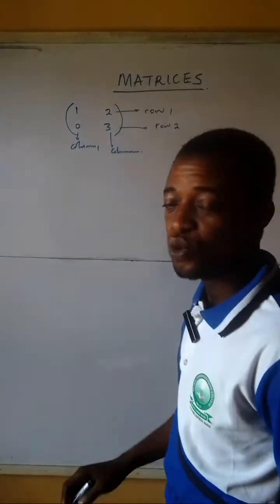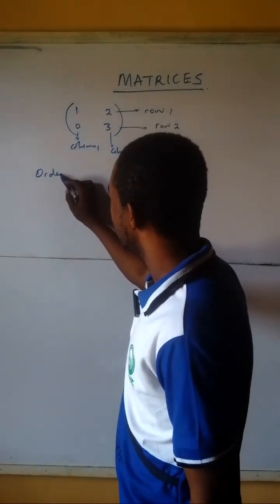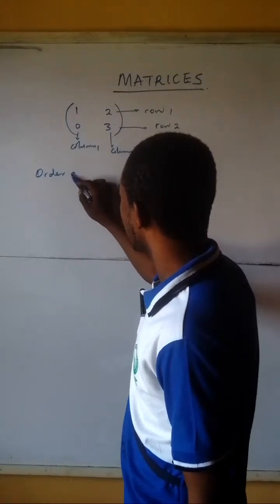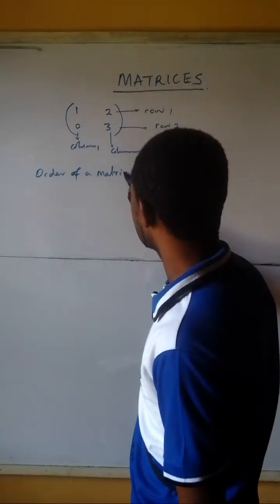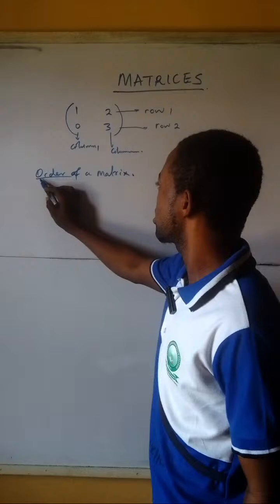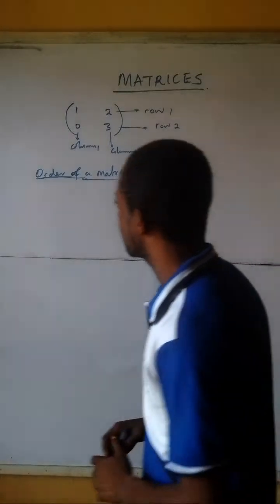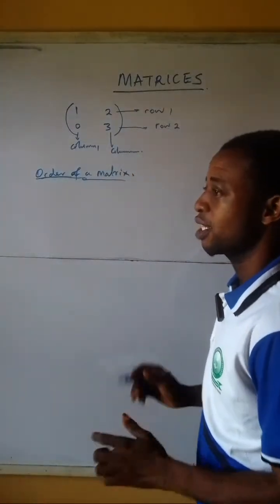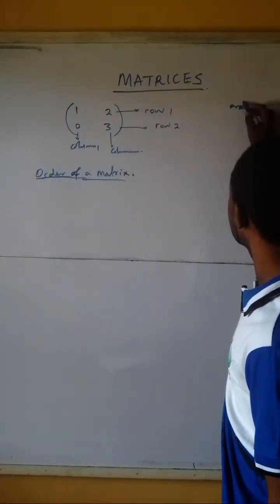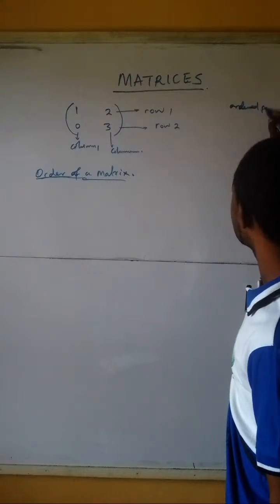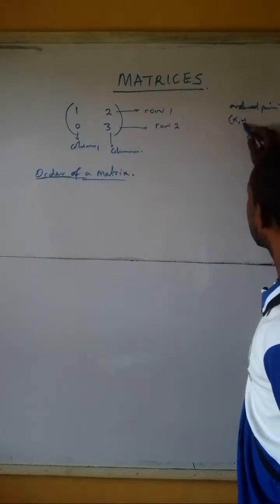Then that makes us go to what is referred to as the order of a matrix. The order of a matrix is usually given in terms of row, comma, column. So there is a way that a matrix is usually arranged. That is the order of a matrix, which is very important. Just like we have in Cartesian plane, there is something called ordered pair. That is, in Cartesian plane, the ordered pair arrangement is usually in form of x, y.